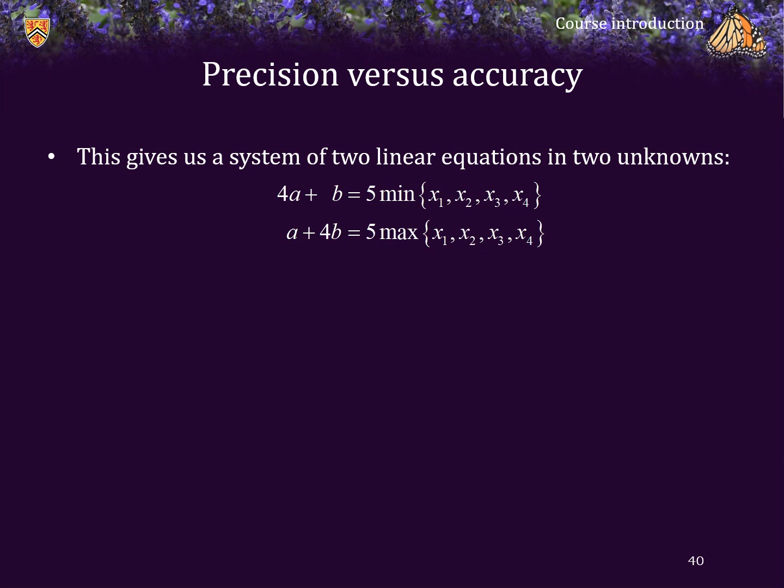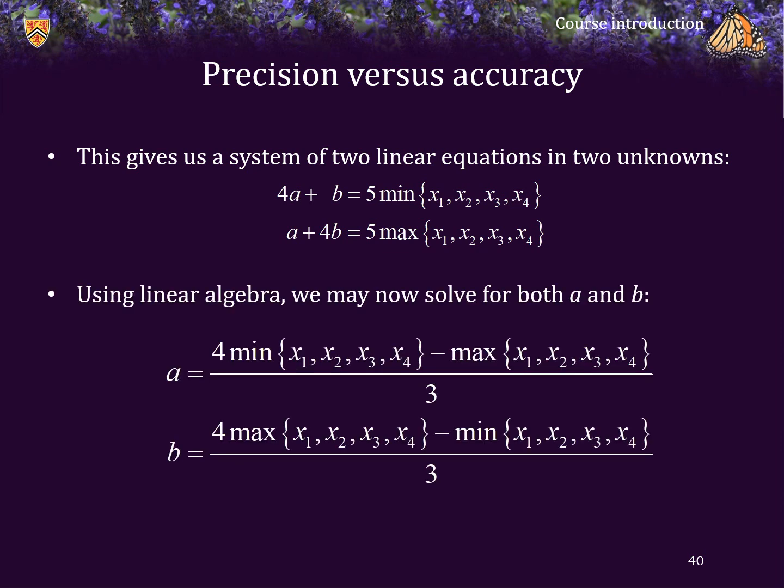And of course, from linear algebra, you know that you can solve for A and B. So solving for A and B, if we want a more accurate approximation of A, we will take the minimum of the 4 readings, multiply it by 4, subtract off the maximum of the 4 readings, and then divide by 3.